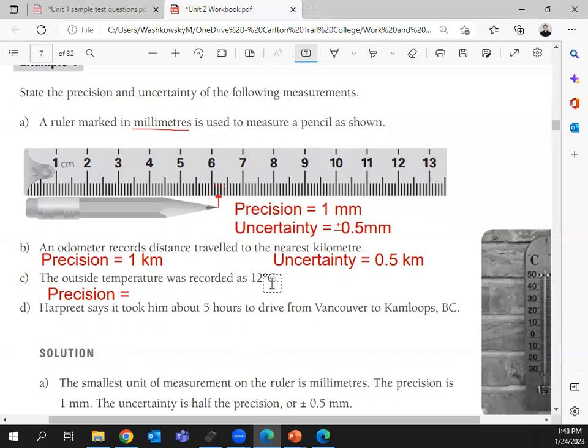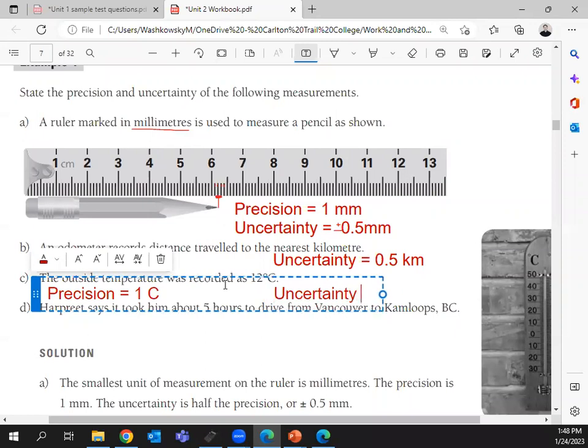Celsius, yeah. Specifically, the closest we can get is 1 degree Celsius. So that would be my precision there. And then my uncertainty, Aiden? Is 0.5 degrees Celsius? Yeah, 0.5 degrees Celsius.